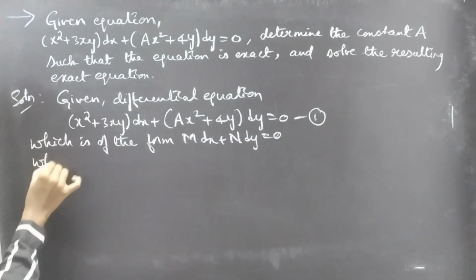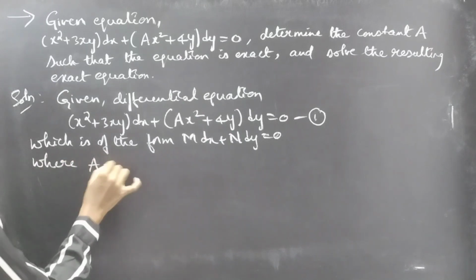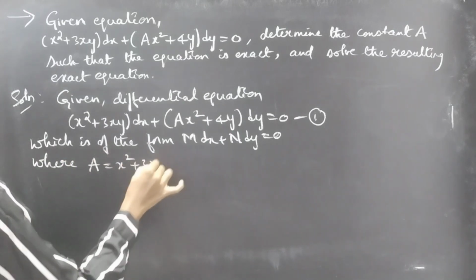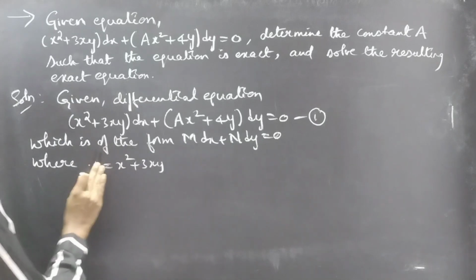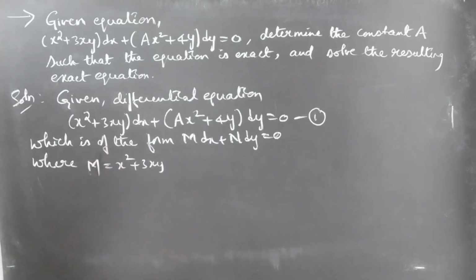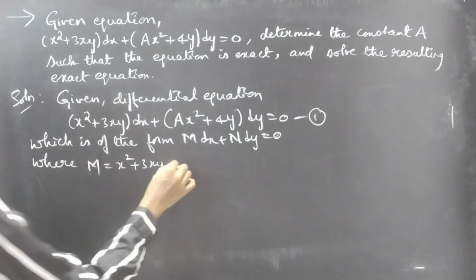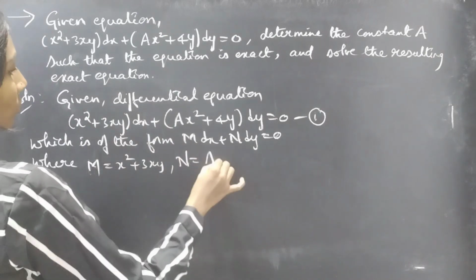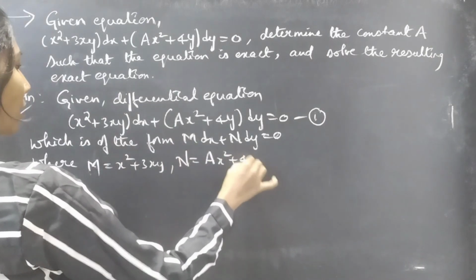Where M is equal to x square plus 3xy and N is equal to ax square plus 4y.